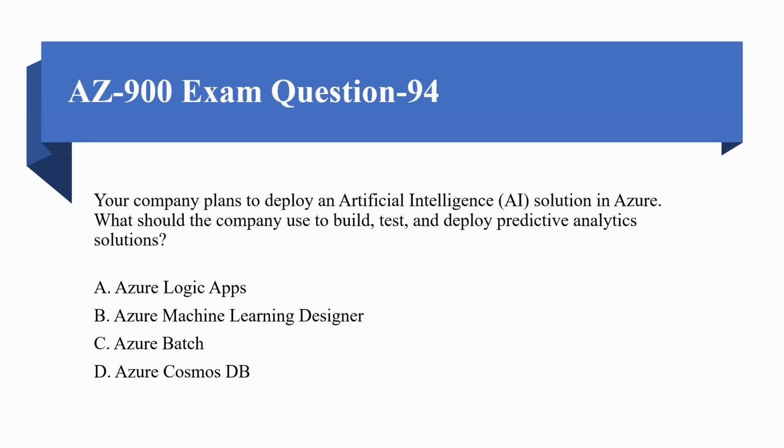So, as we all know, for an artificial intelligence solution deployment, the options given are option A, Azure Logic App, B. Azure Machine Learning Designer, C. Azure Batch, or option D. Azure Cosmos DB. The correct option should be option B, Azure Machine Learning Designer, in order to deploy an AI solution in Azure.